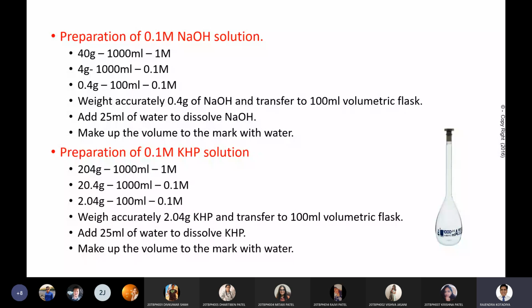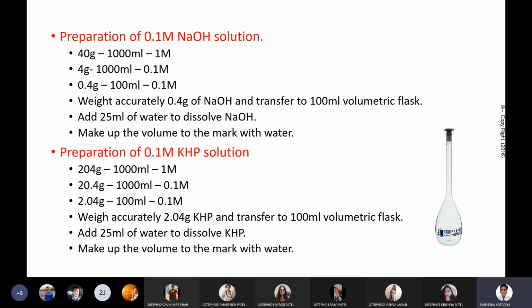Why? Because when we weigh NaOH, you might have seen the flakes of NaOH. Have you? Yes, sir, we have seen them. When you take this NaOH on a butter paper, it has the capacity to absorb moisture. It can easily capture moisture, and because of that, it gets liquefied.